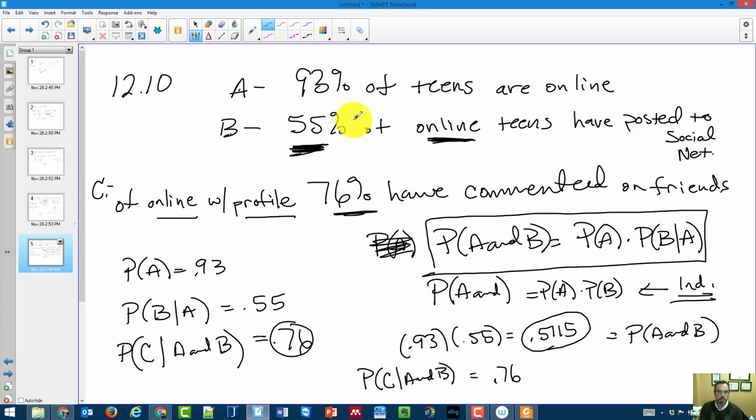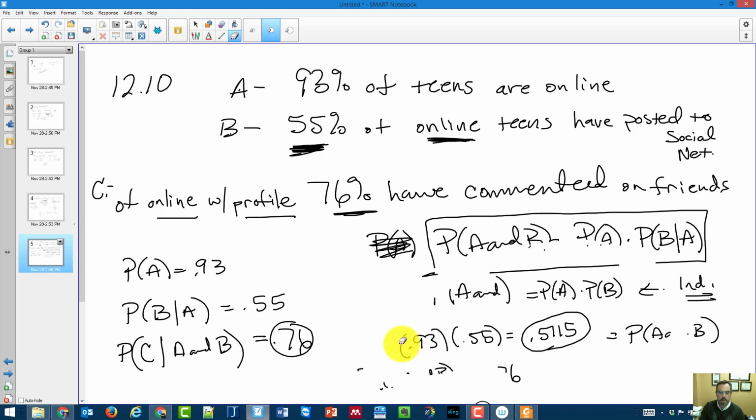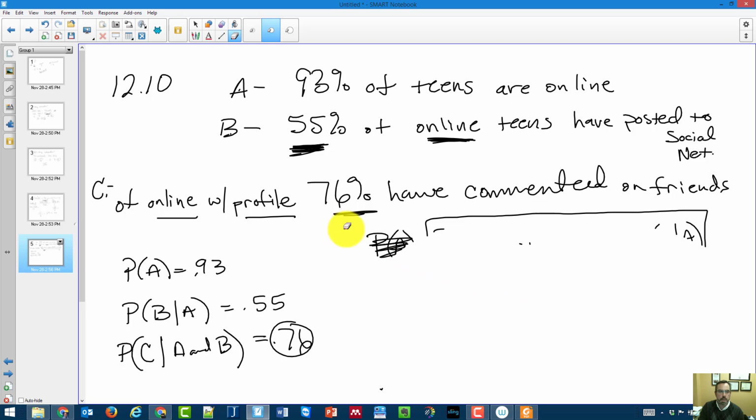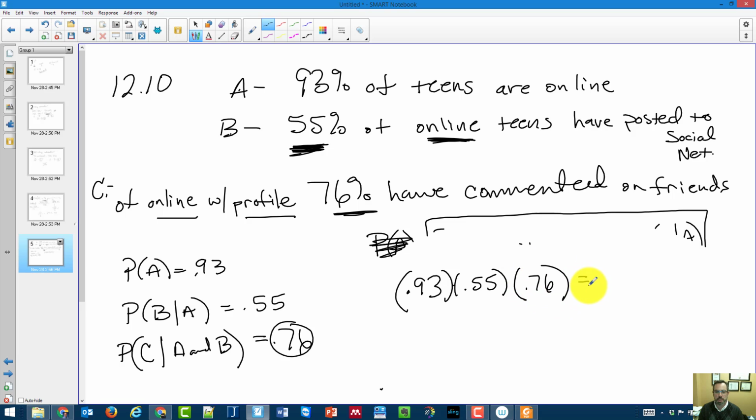So if I want to find the probability that all three of these things happened, I'm taking the probability of A, 0.93, times the probability of B given that A occurred, 0.55, times the probability of C given that A and B occurred, 0.76. It really is just multiplying those three numbers together.